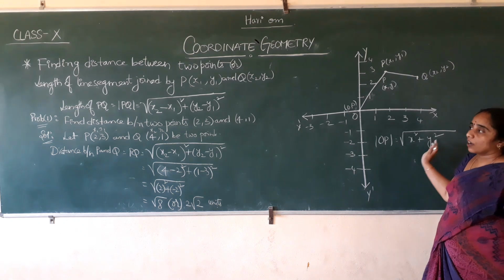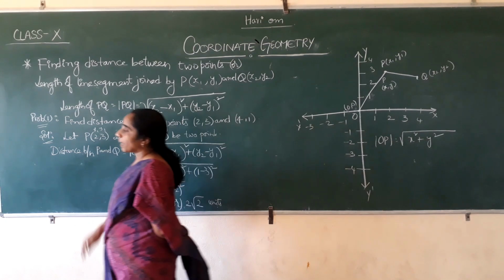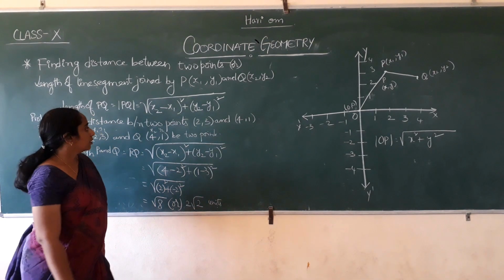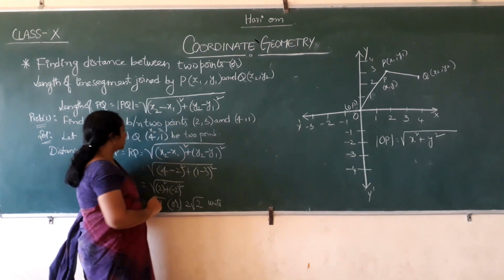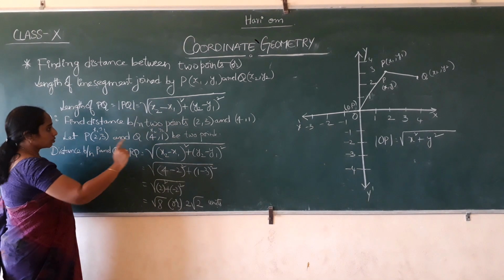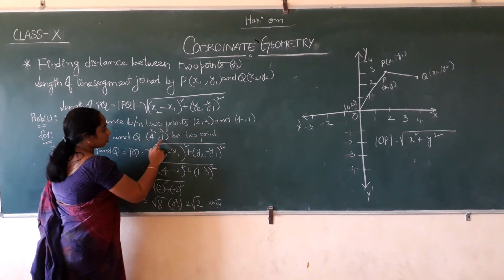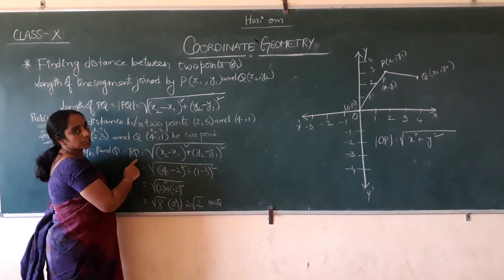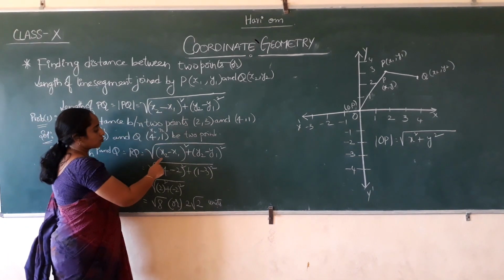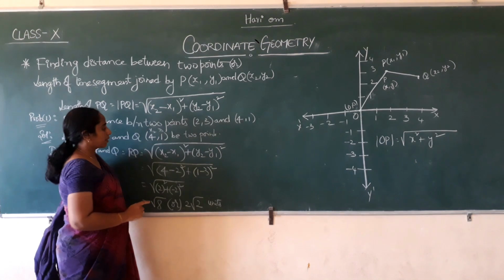Now coming to the first problem: find the distance between the 2 points (2, 3) and (4, 1). Assume the 2 points are P (2, 3) and Q (4, 1). The distance between these 2 points PQ is the square root of (x2 minus x1) whole square plus (y2 minus y1) whole square.